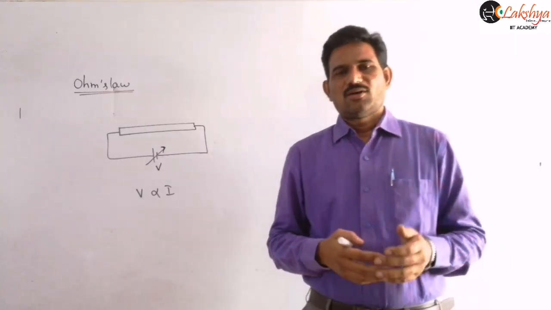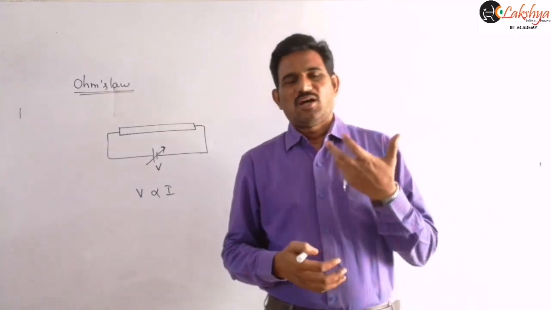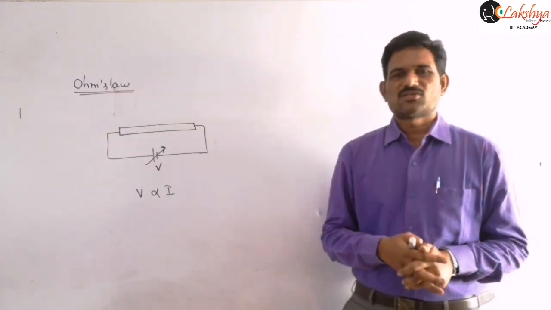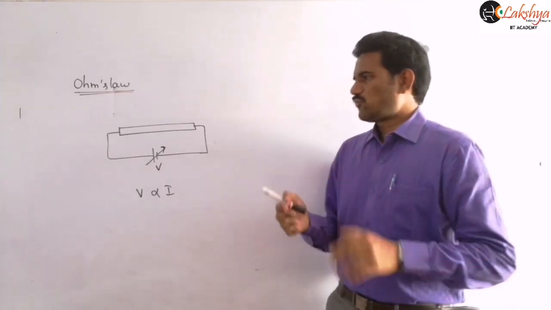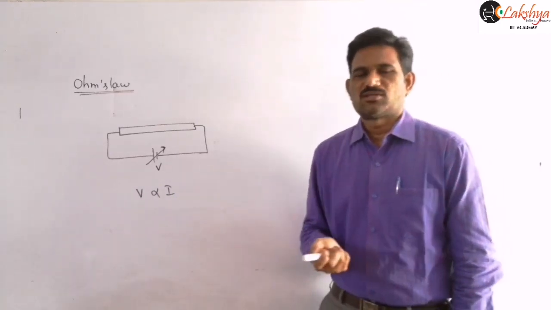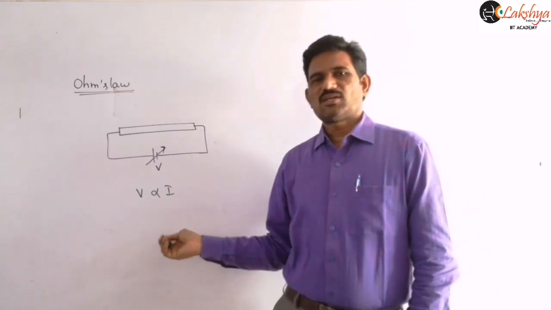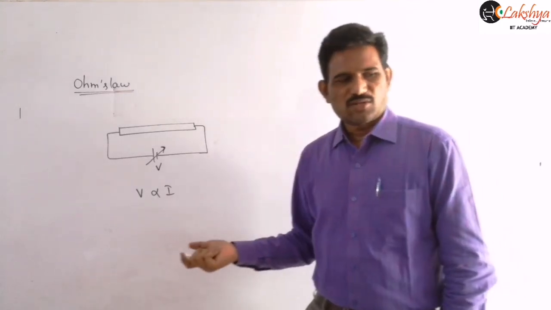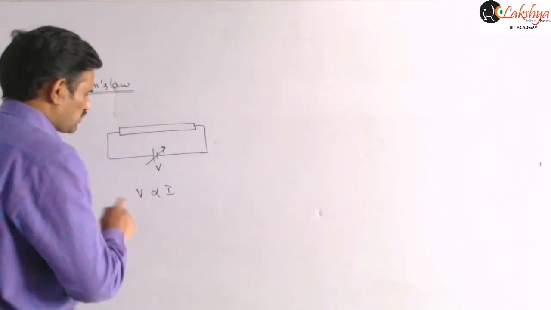Physical conditions remaining constant means temperature, pressure and other physical conditions remain constant. So I is proportional to V, that is, V is proportional to I. Then we can introduce a constant here. Let me write the statement.